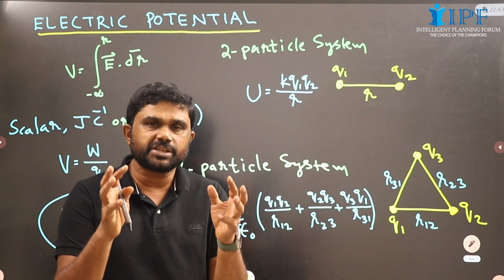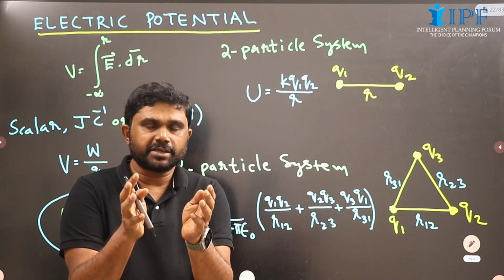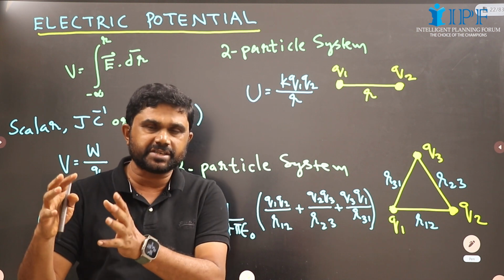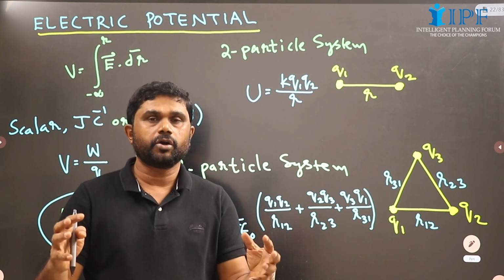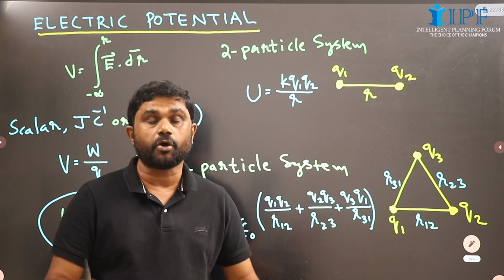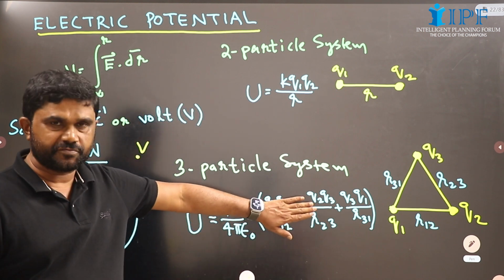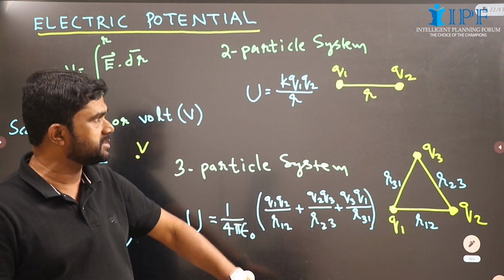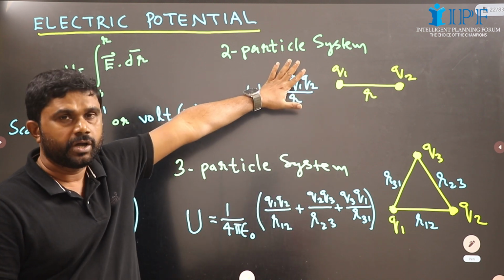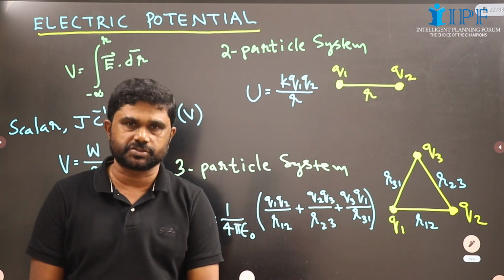This potential energy being a scalar, total energy will be simply the algebraic sum of all potential energies or all work required to assemble the system. Okay, so this is the expression for the potential energy of a three particle system, and this is the expression for potential energy of a two particle system.